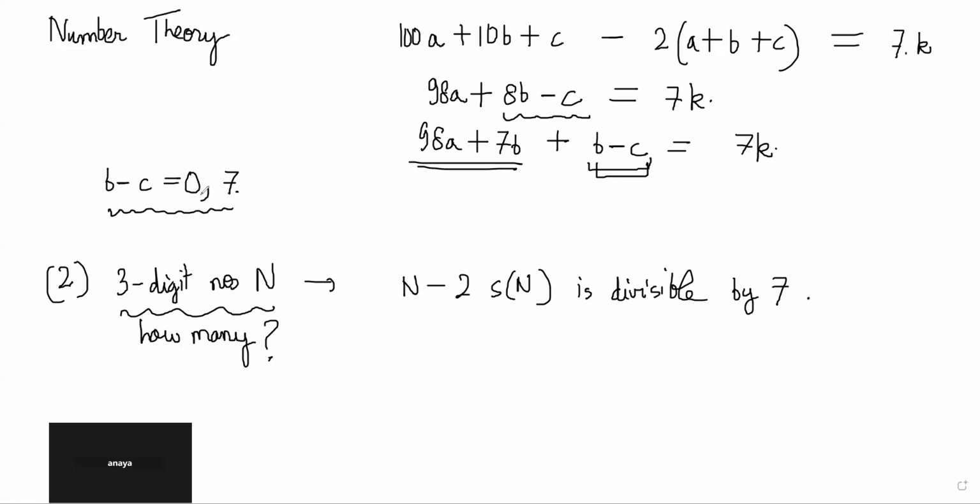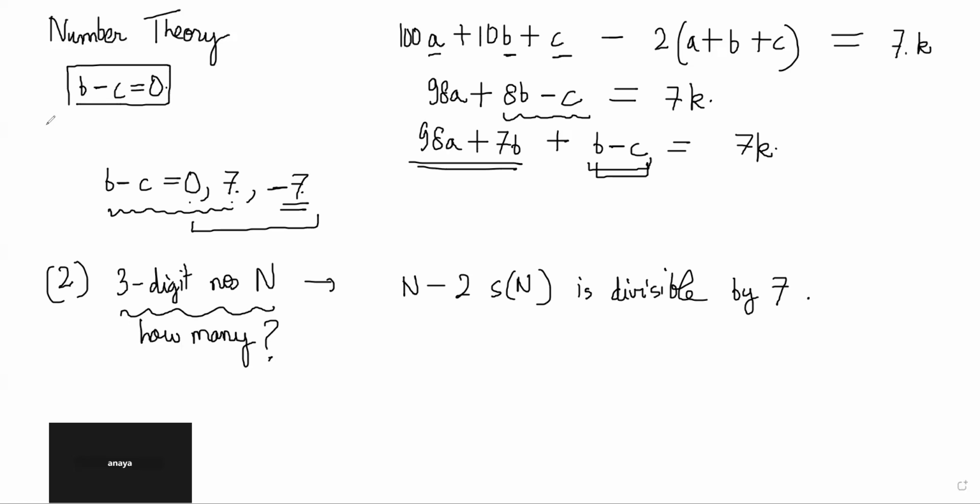Yeah, because a, b, c are digits, the difference can't be more than 7; 14 can't be the answer. But b minus c could be 0, 7 or minus 7 also. So if you solved the question assuming just b minus c is 0, then you're missing out on some options.